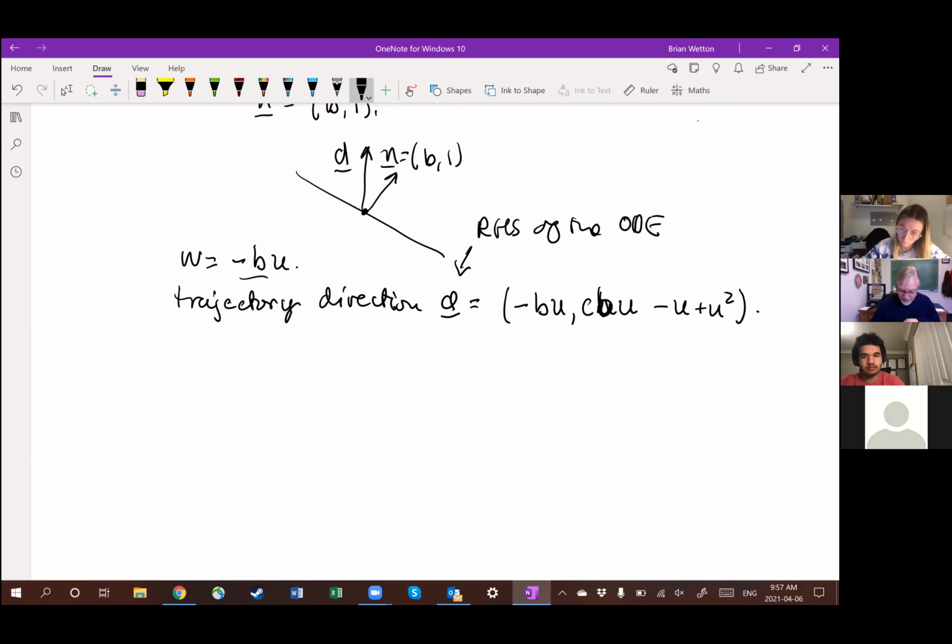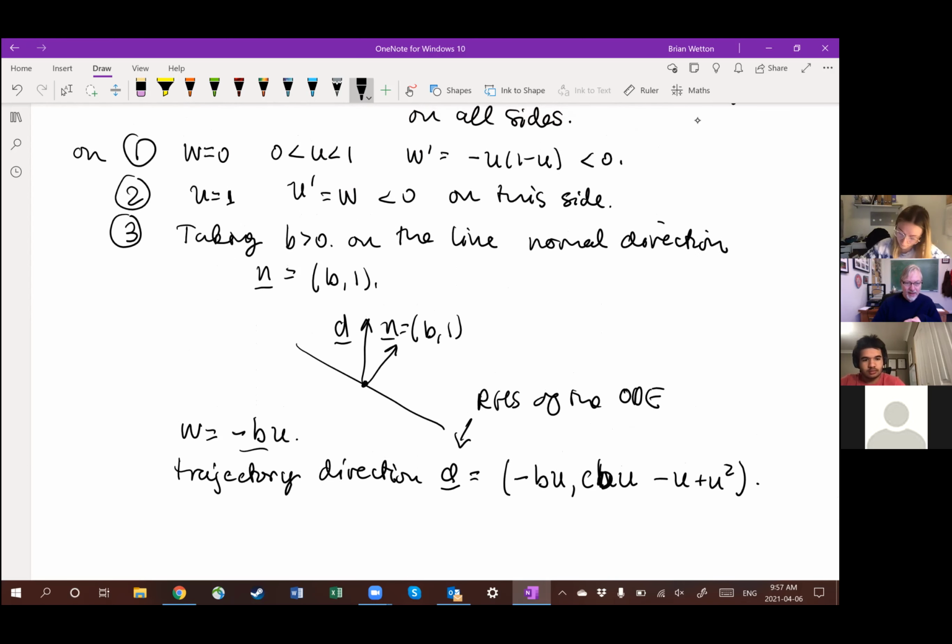Well, this is the picture I want, right? That D points inside of the triangle, and that will be true, that the trajectories point inwards.